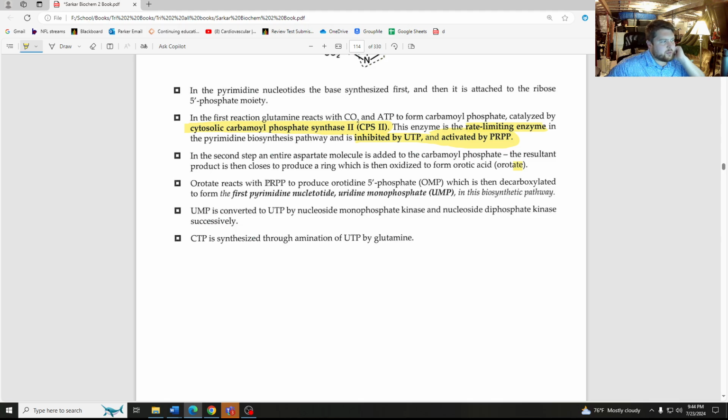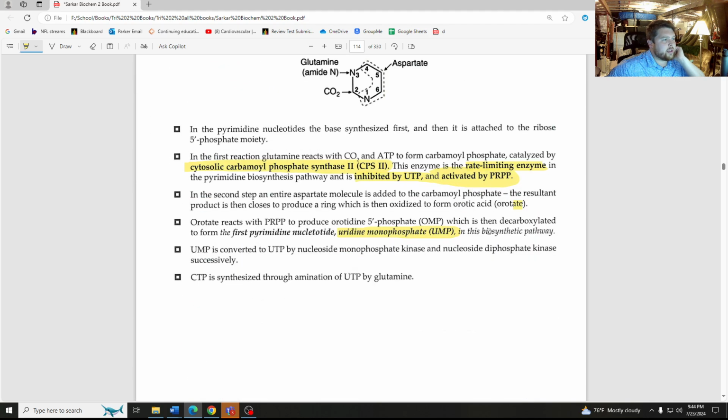Orotate reacts with the PRPP to produce orotidine 5-phosphate, OMP, which is then decarboxylated to form the first pyrimidine nucleotide, uridine monophosphate. So another thing that we'll want to remember is the quote-unquote original of each of these.